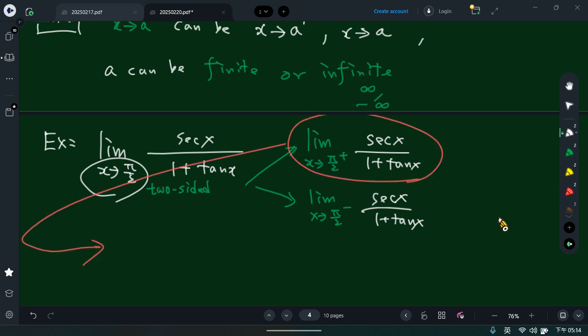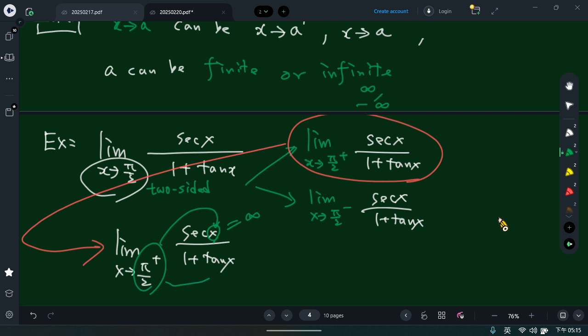Okay, so that means we can just focus on this part. So we are trying to get the limit as x is approaching 1/2 pi plus of secant x over 1 plus tangent x. When we use 1/2 pi plus to replace x here, we get positive infinity.